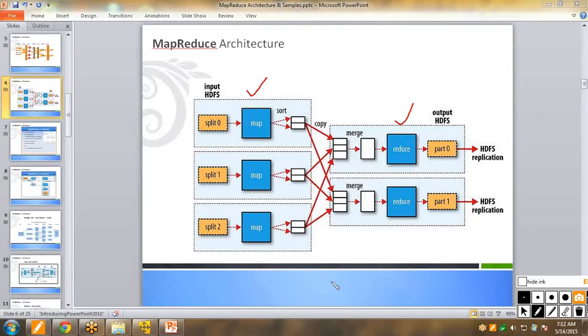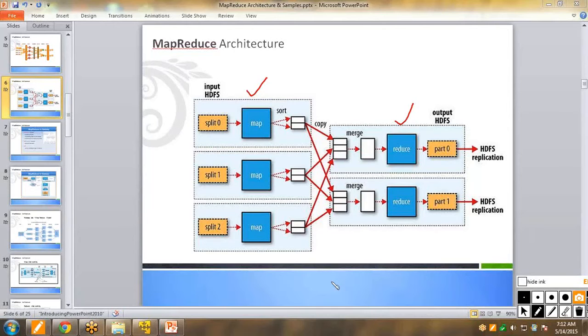There is a defined structure given by the database vendor. All those things are taken care of. But in the Hadoop world, there is no structure at all. You put a file and then you try to query the file like a SQL table. That is the level of simplicity Hive and Pig are going to give.